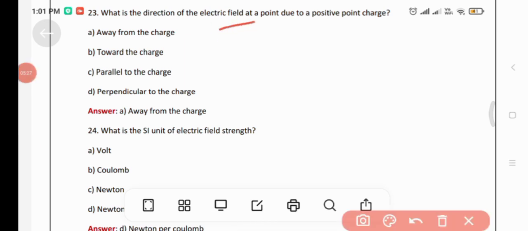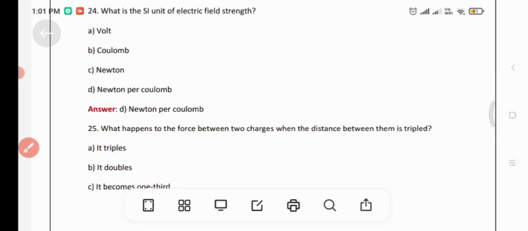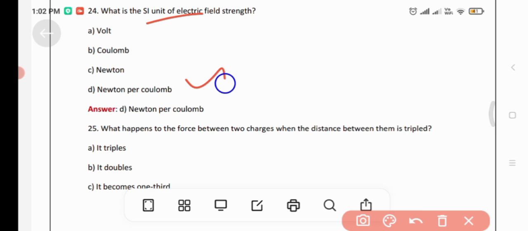What is the direction of the electric field at a point due to a positive point charge? Option A, away from the charge. What is the SI unit of electric field strength? Option D, Newton per Coulomb.